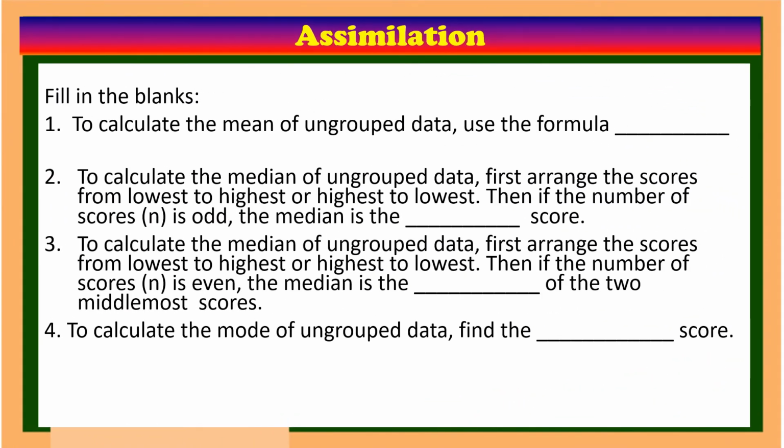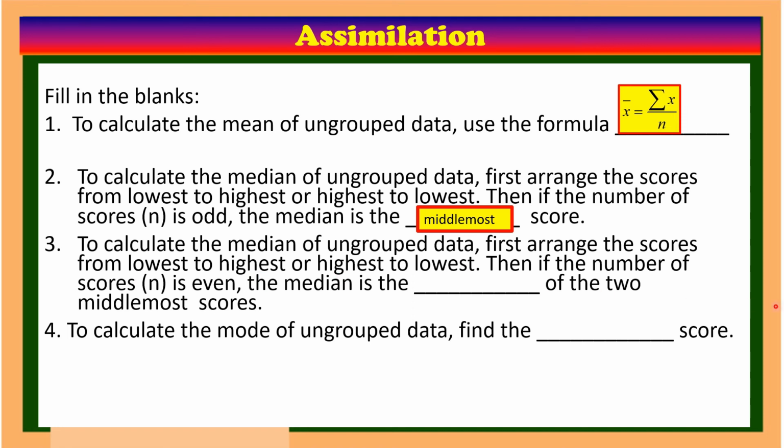So we have a simulation. Fill in the blank. To calculate the mean of ungrouped data, we use the formula: mean equals summation of x over n. To calculate the median of ungrouped data, first arrange the scores from lowest to highest or highest to lowest.